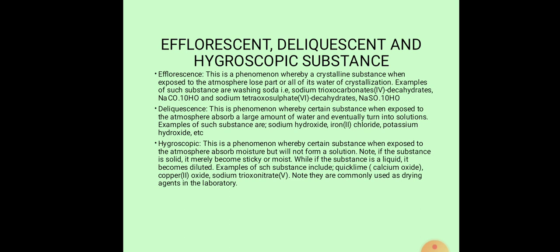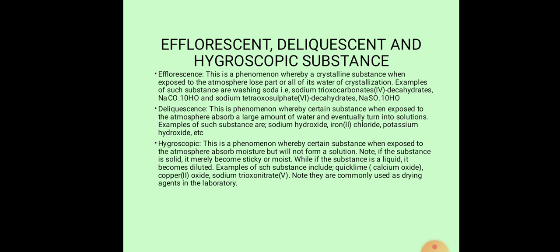Number 2, deliquescent substance. A substance can exhibit a deliquescence nature. What is deliquescence? This is a phenomenon whereby certain substances, when exposed to the atmosphere, absorb a large amount of water and eventually turn into a solution. When those crystalline substances are exposed to the atmosphere, they tend to take water from the atmosphere, and as a result of that, they dissolve in the water to become a solution.